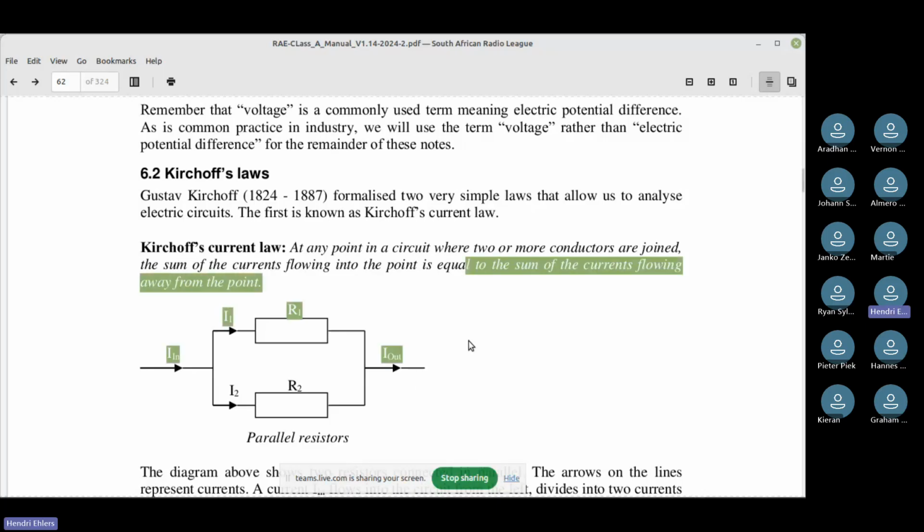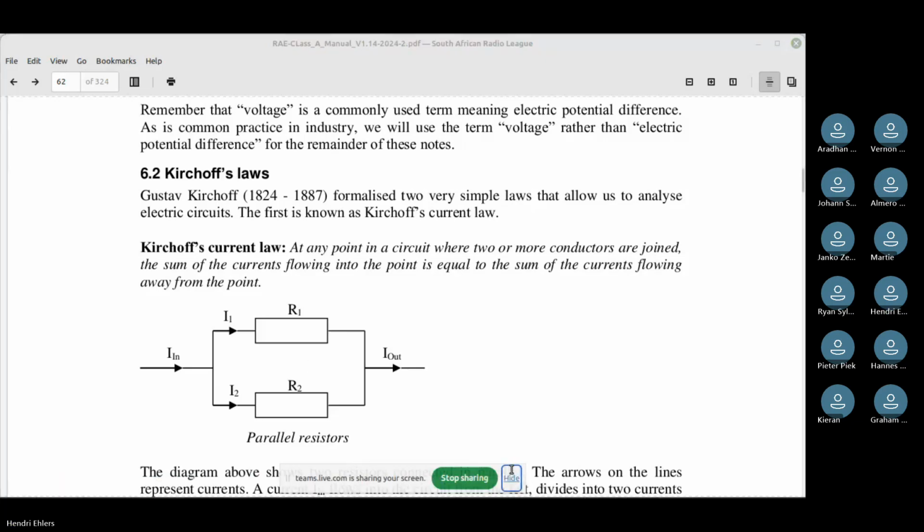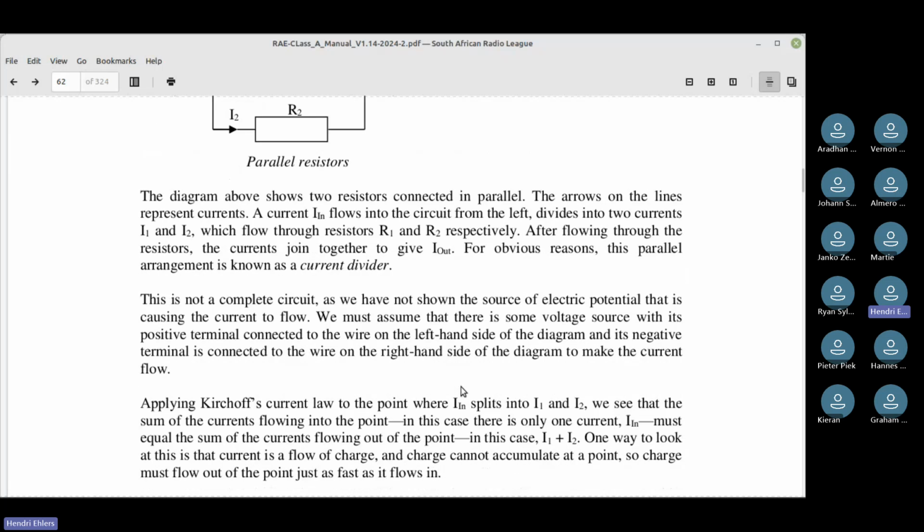So for argument's sake, if you're going to calculate the current through these two resistors, you can actually add them together and then see whether you get the right answer. So you can check yourself. Right, let's see here. This shows resistors connected in parallel.